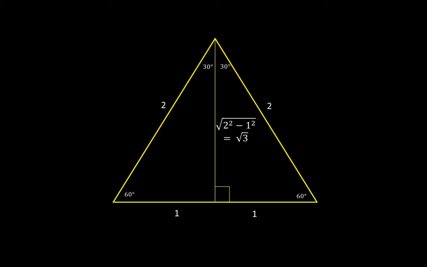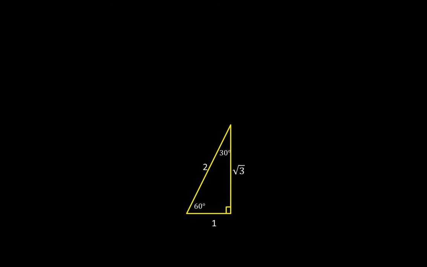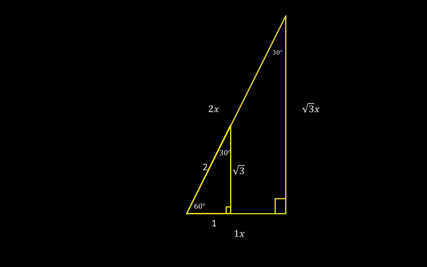Now we can draw the half triangle that you see here. You may be wondering if it's true only for a side with length 2. In fact, the ratio remains the same for a similar triangle of equal angles.